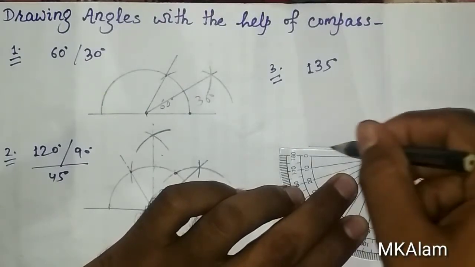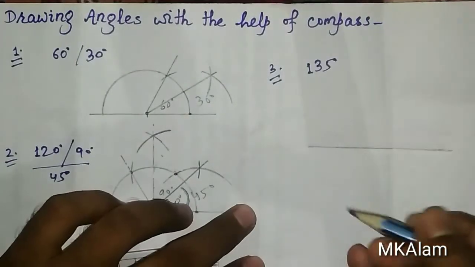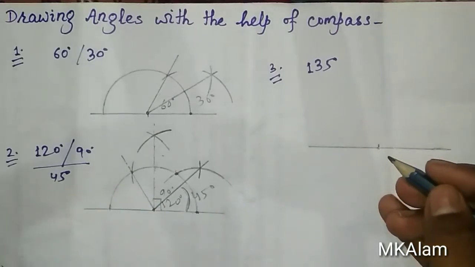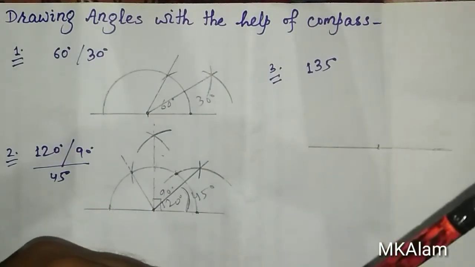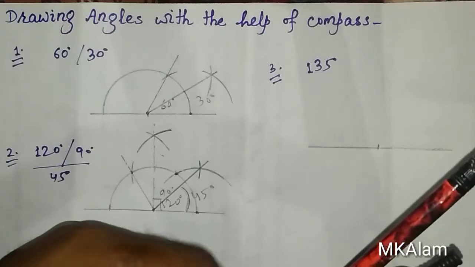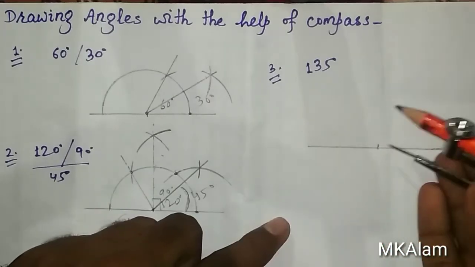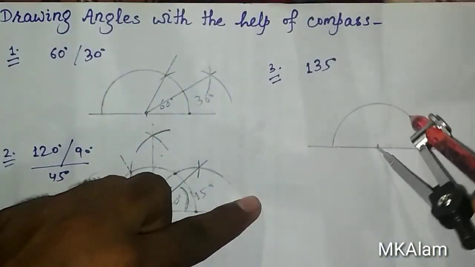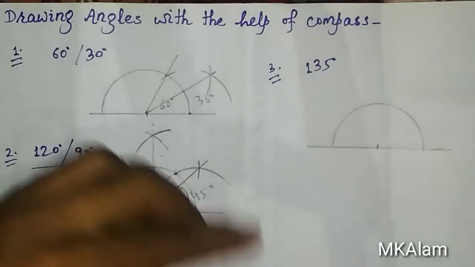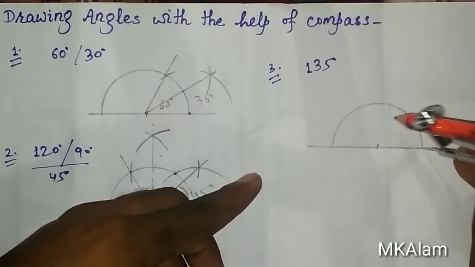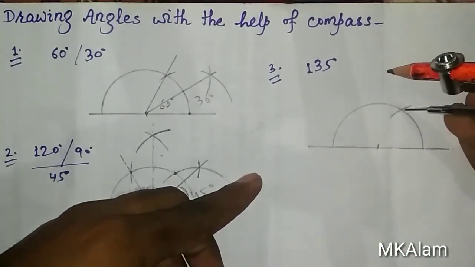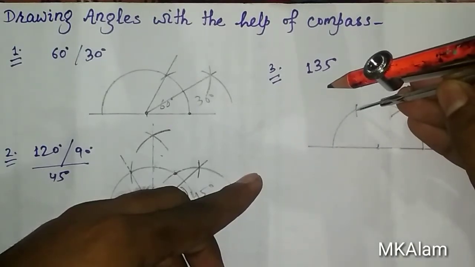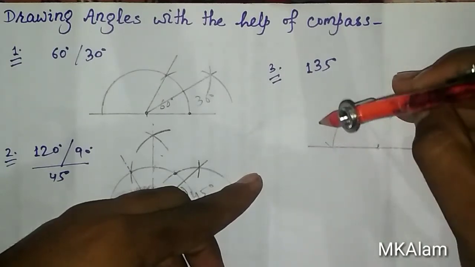You will not have to do any other thing, only you will have to draw a line, and after that take a point on this line, and after this your needle should be on this line, and after that draw a semicircle. It means from here to here you will get 60 degree, and if you draw again here, then you will get 120 degree, and from here to here is 180 degree, you know very well.